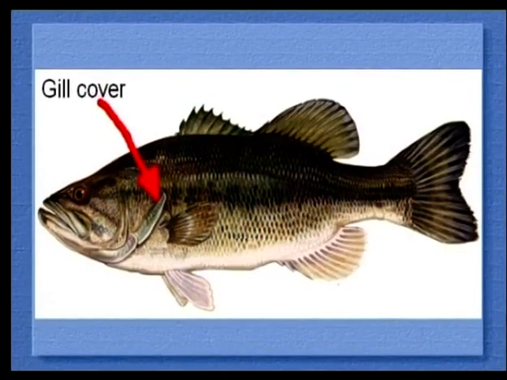We've already seen fish have gills which are very soft, delicate, so they have a hard cover, a gill cover that covers the gills. And that is where you find the gill cover on that fish.